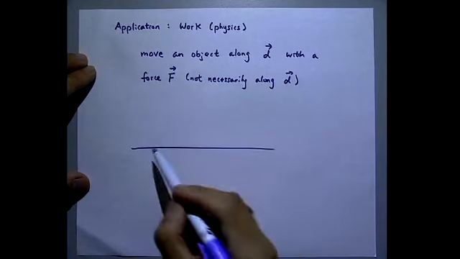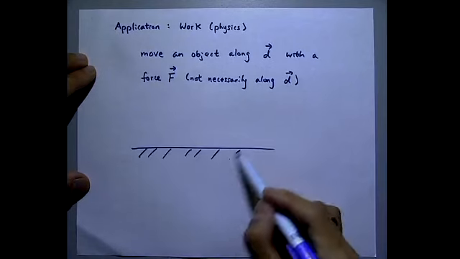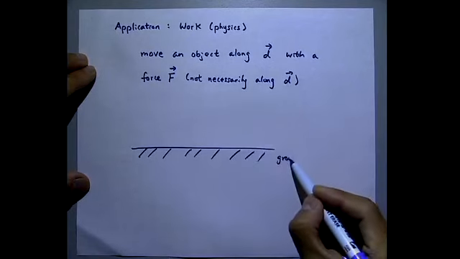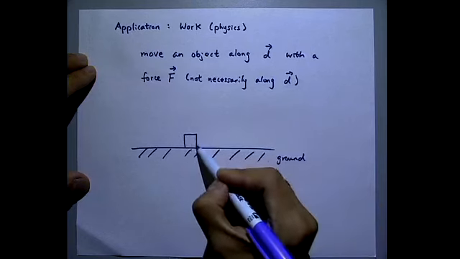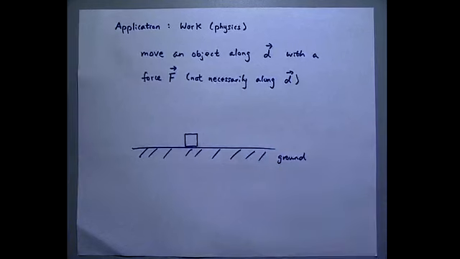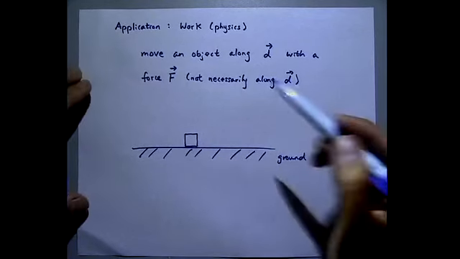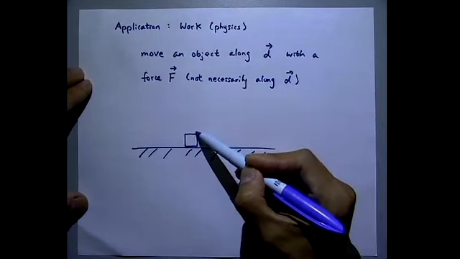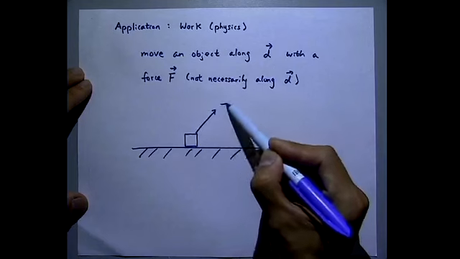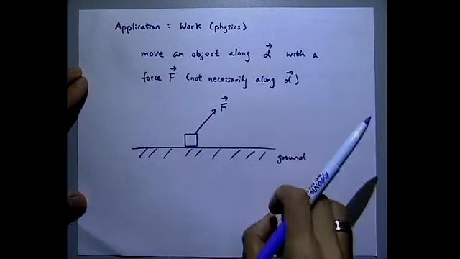So let me draw a picture here. This is the ground. And you got a box sitting on the ground. And you're trying to move this box, but you're not moving this in a very efficient way. You're using a force that actually goes like that.